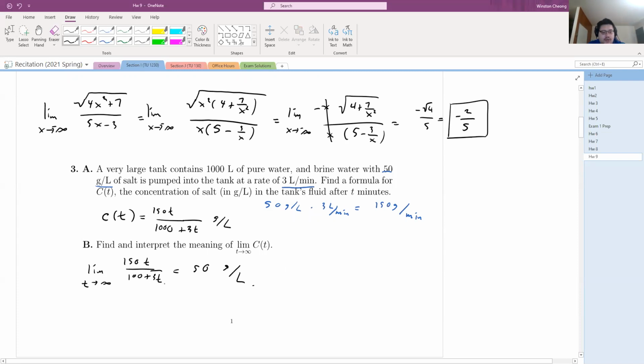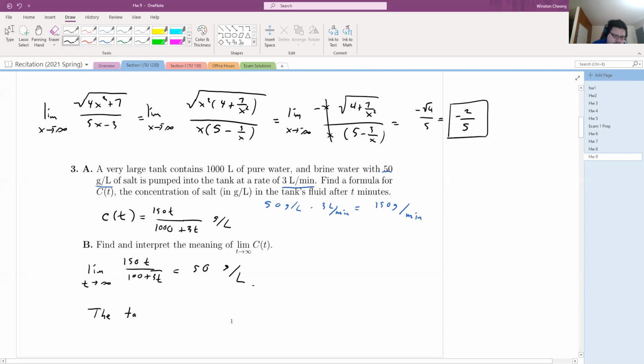Okay. And for interpreting, you can just phrase the whole thing back into words, right? If you let this process go on long enough, the concentration is going to approach 50 grams per liter. There's a tendency to want to use the word equilibrium for this problem.